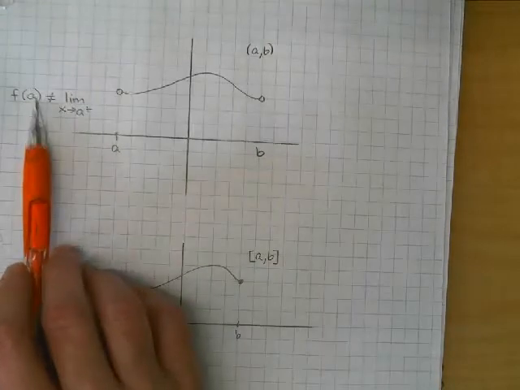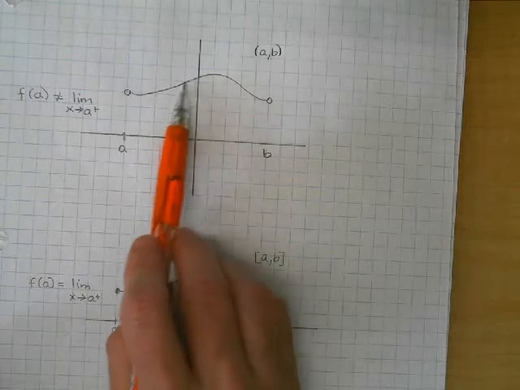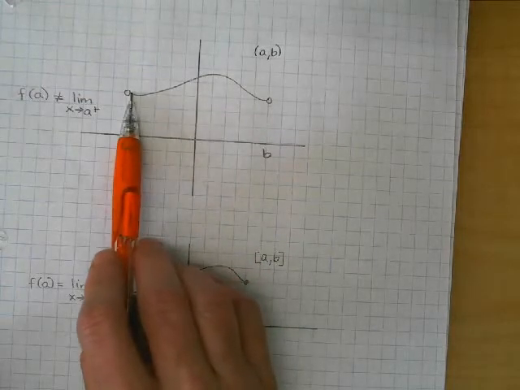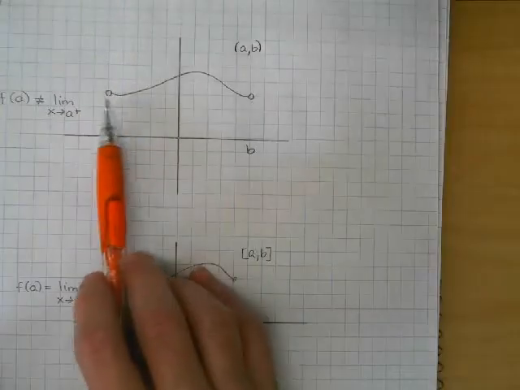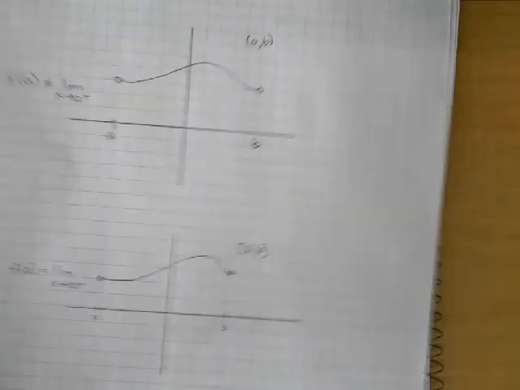On this one, f of A does not equal the limit as it's coming towards A from the right, so it is not right-hand continuous. So that's what that means.